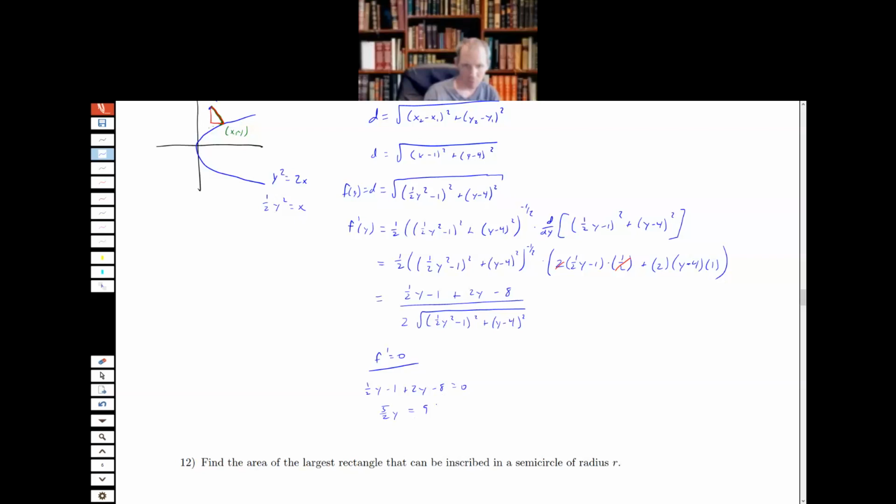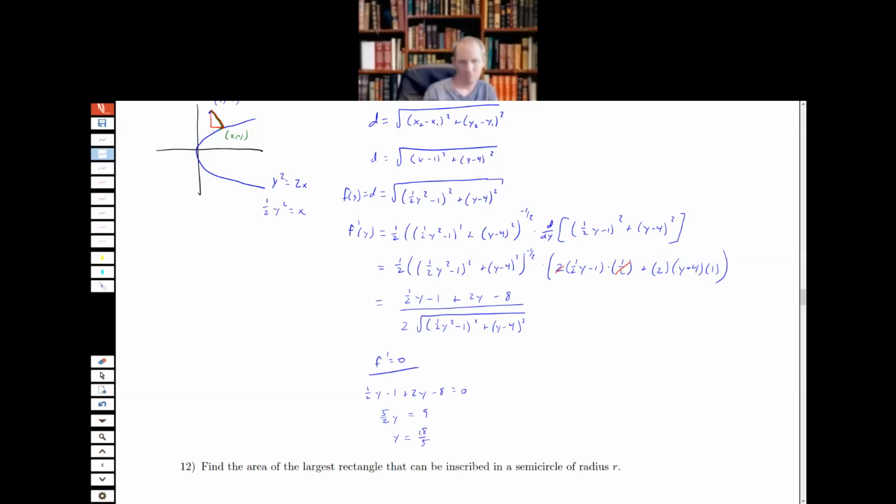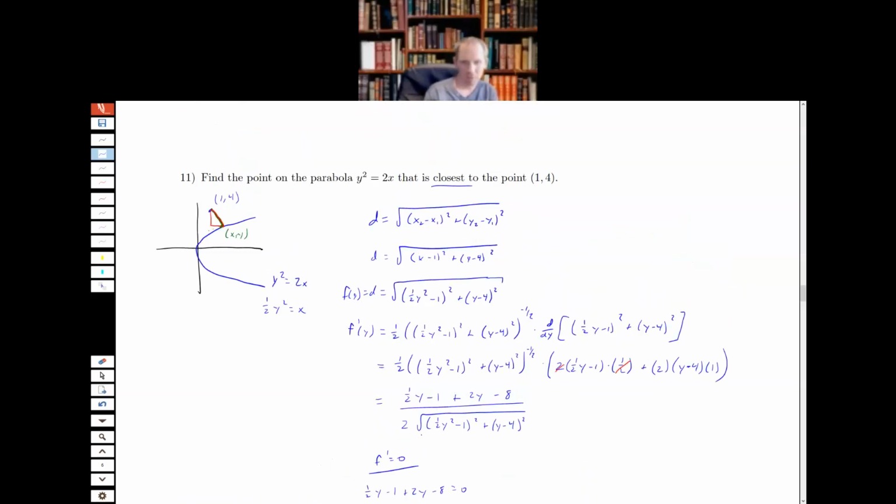Okay, add 1 and 8 to both sides, so I get a 9. So multiply both sides by 2/5. I get y equals 18/5. I don't think that's right. Did I make a mistake?